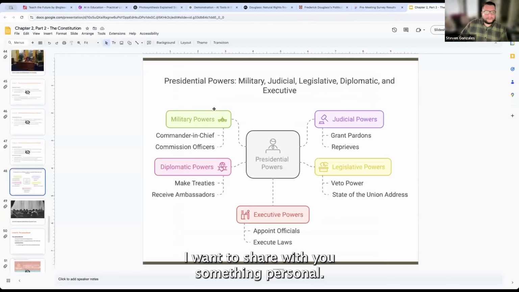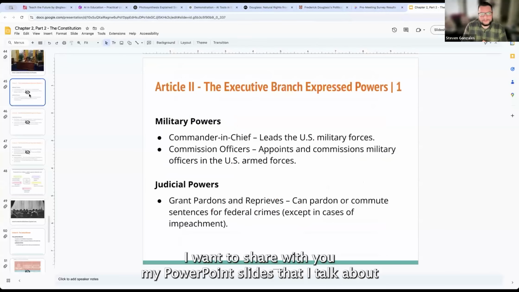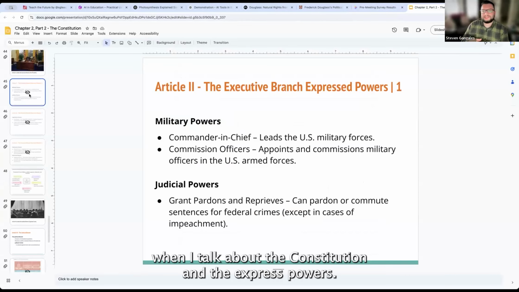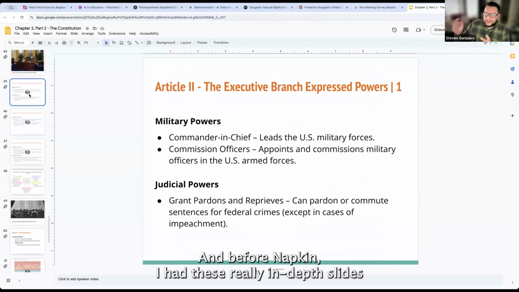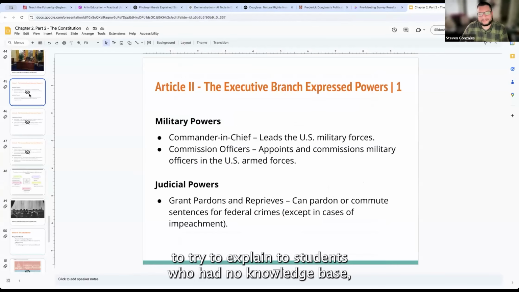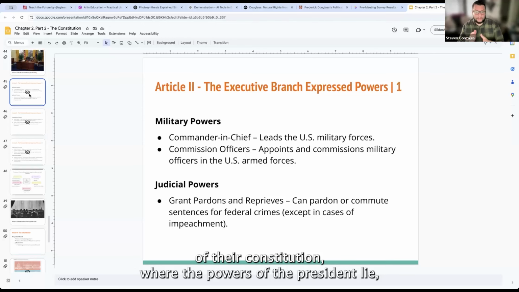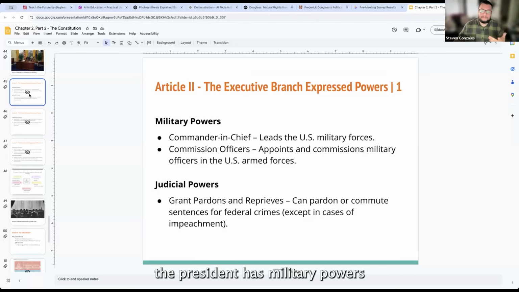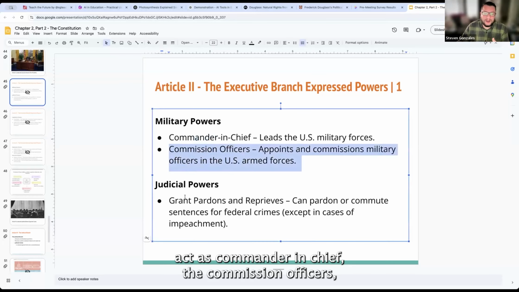I want to share with you something personal. I want to share with you my PowerPoint slides that I use when I talk about the Constitution and the express powers. Before Napkin, I had these really in-depth slides to try to explain to students who had no knowledge base of their Constitution where the powers of the president lie. The president has military powers, acts as commander-in-chief. They commission officers.